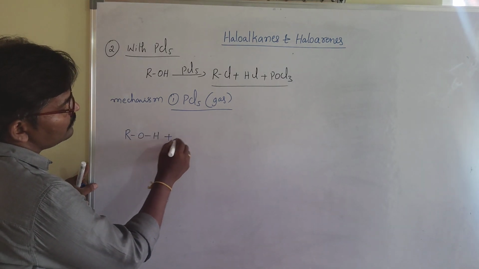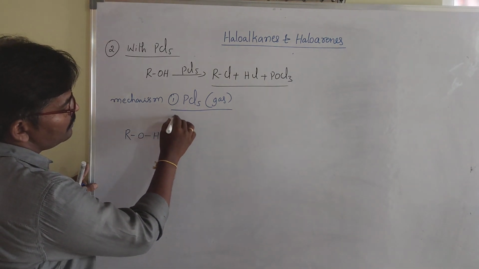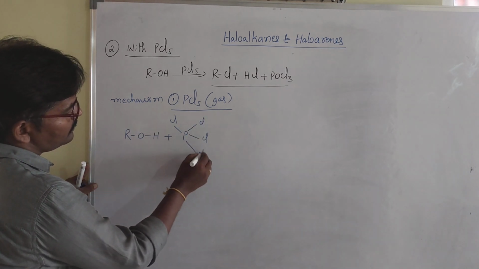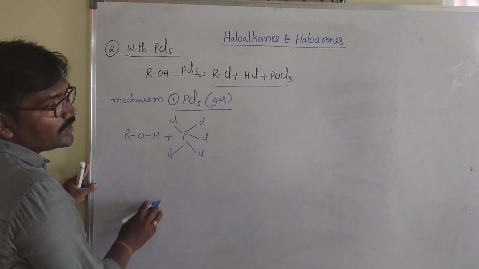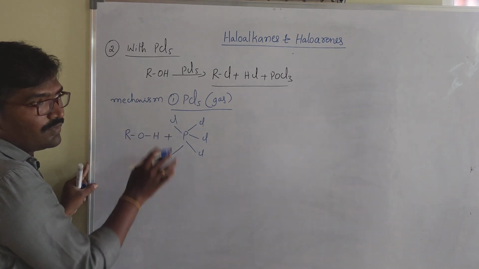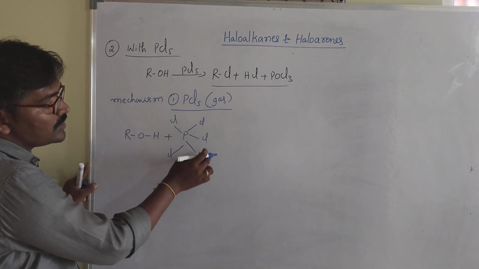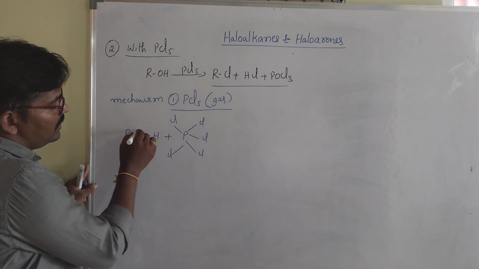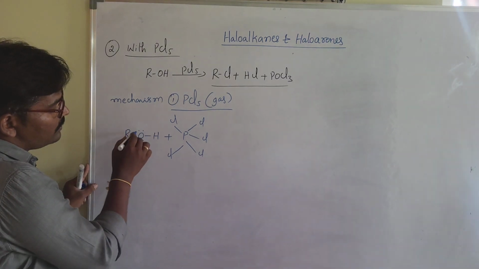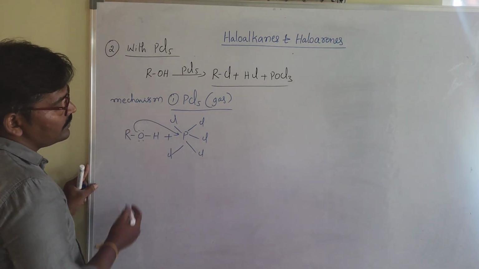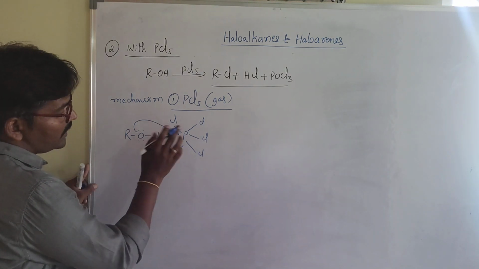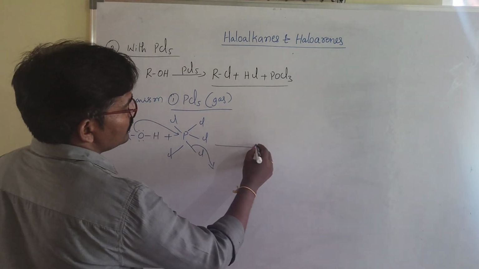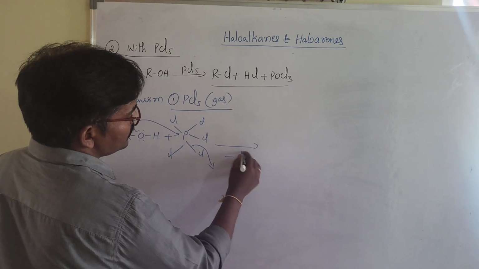When it reacts with PCl5, chlorine atoms are present surrounding the phosphorus like this. We know that phosphorus is electron deficient because more electronegative atoms attract the shared pair of electrons towards themselves. Oxygen already has 2 lone pairs of electrons, and it donates them. Once it attacks, Cl minus escapes out.